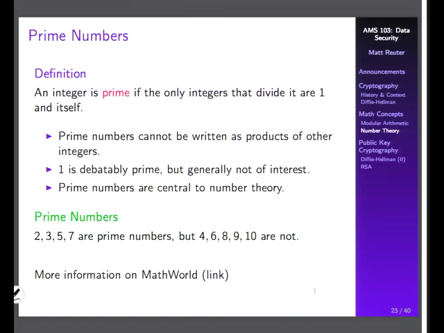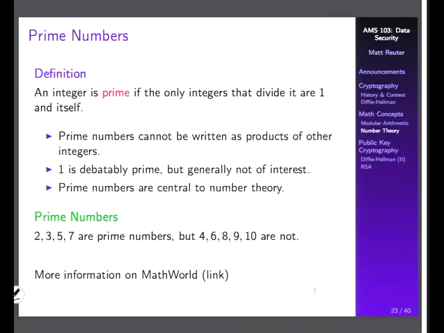Yes, because it's only divisible by 1 and 2. Is 3 a prime number? Yes. Is 4 a prime number? No, because it's divisible by 2 in addition to 1 and 4. So how many even prime numbers are there? Exactly 1. It's 2. Any other odd number has to be prime.